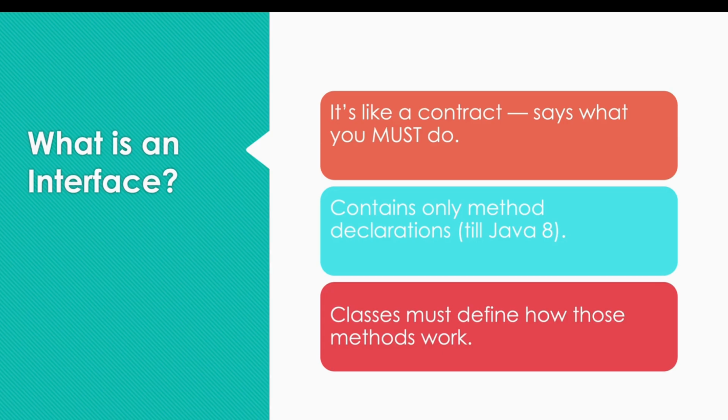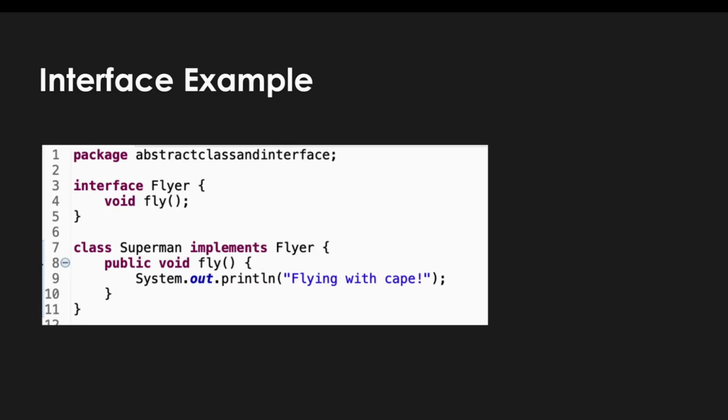So let's check out this example of an interface. It has one interface, Flyer, with one method, fly. Now this Superman class is implementing the Flyer interface and it's providing its own implementation of the fly method. So what is this method printing? Flying with cape.